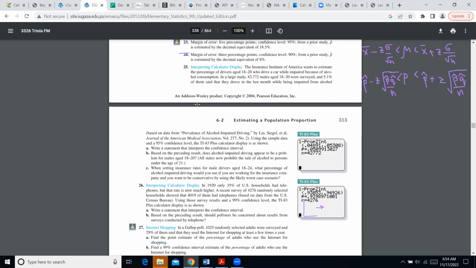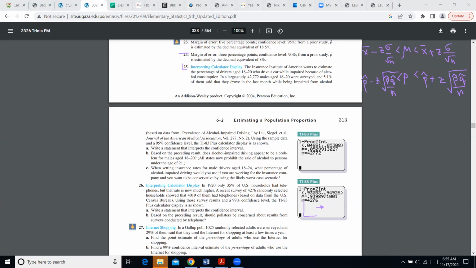Confidence interval for population proportion that talks about the insurance institute that wants to estimate the percentage of drivers who drive a car while impaired because of alcohol consumption.